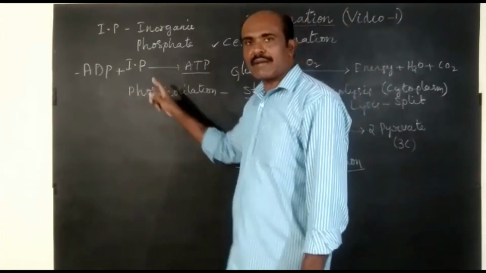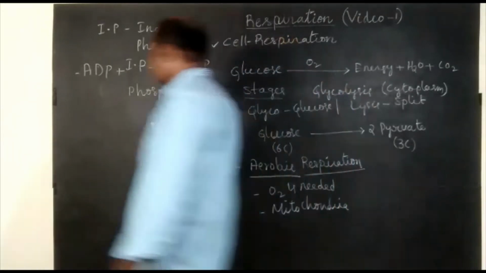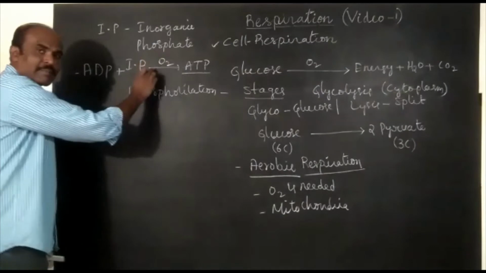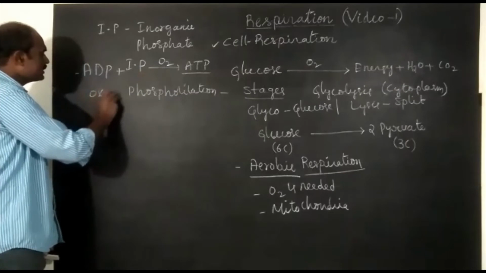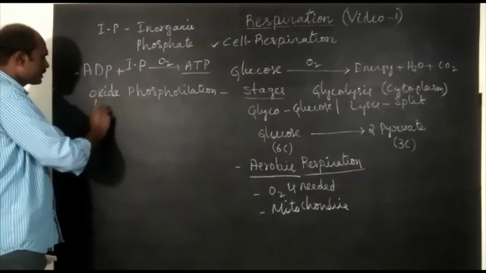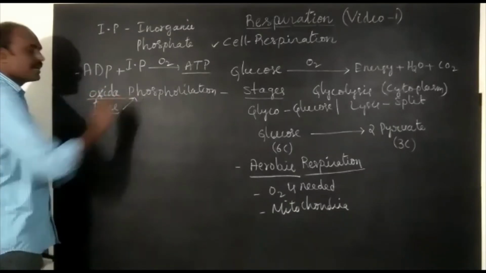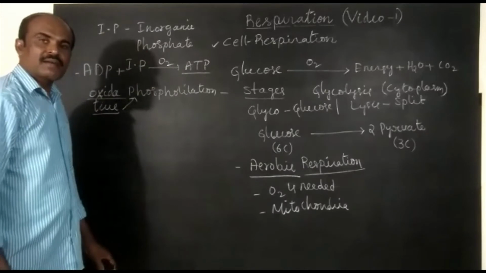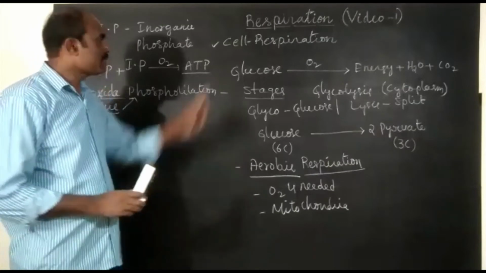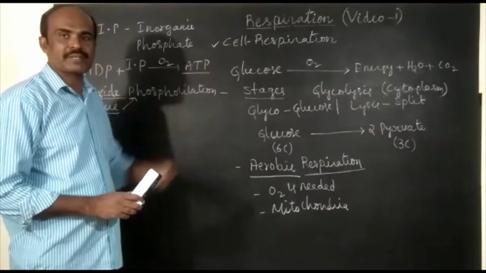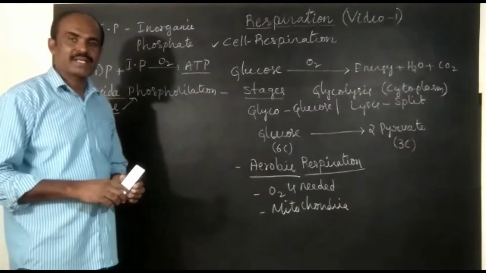As this process happens in the presence of oxygen, this is called oxidative phosphorylation. As a result of oxidative phosphorylation, energy rich compound ATP is formed, adenosine triphosphate. From your examination point of view, this is very important, ATP.